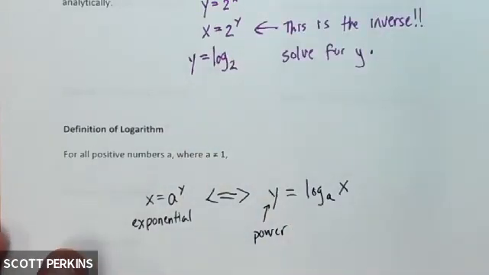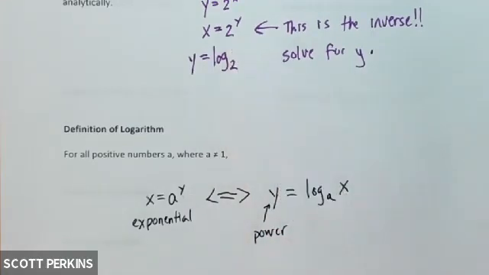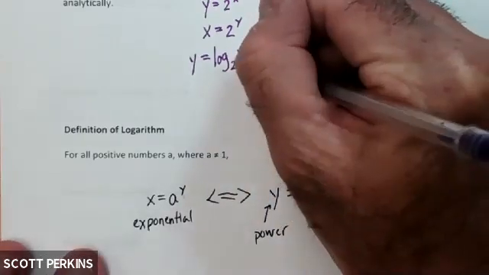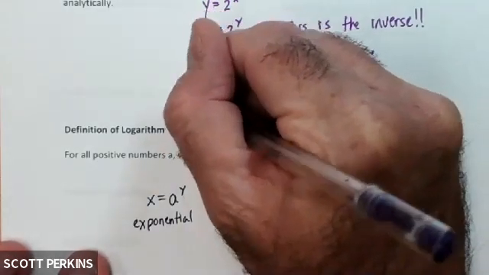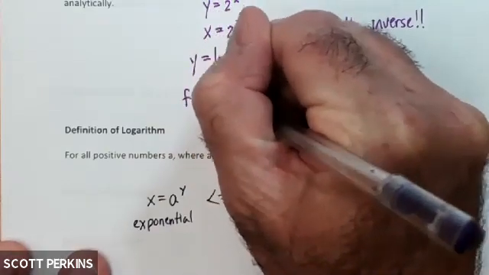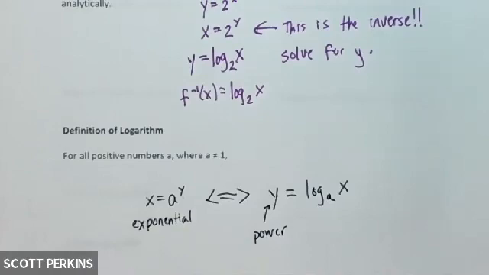Notice the terminology is the same. It's log base 2, where the 2 is the base of the exponential. And of x. That is my inverse. The last step in finding the inverse analytically is notational: f negative 1 of x is equal to log base 2 of x. This is my new function.